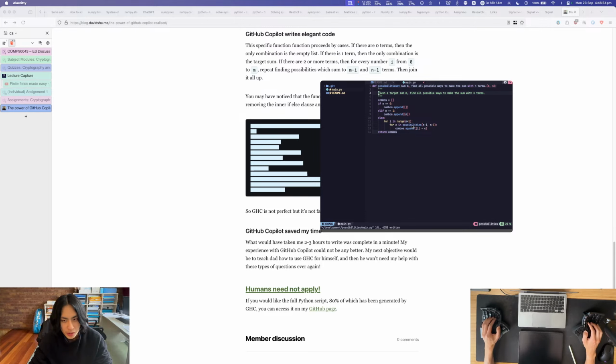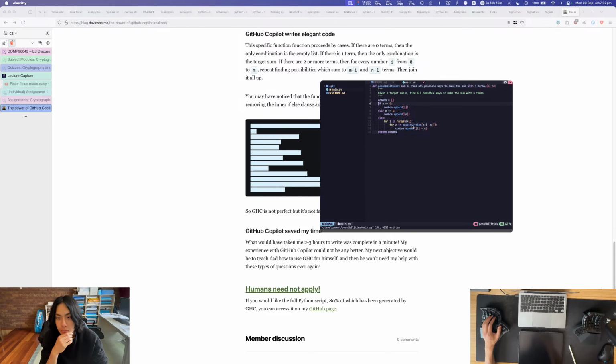I'm missing something here. Doesn't matter. It's a recursive definition.